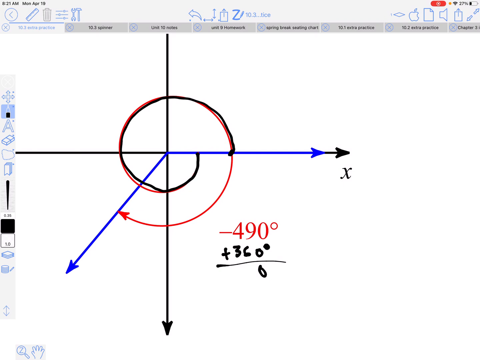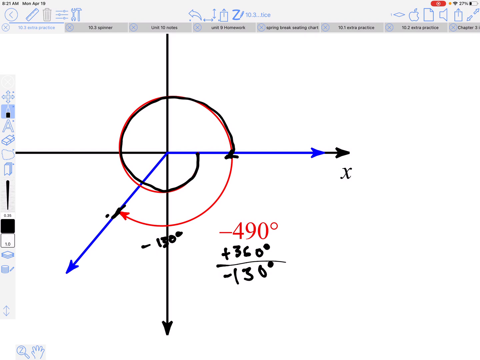What will that be, right? A negative 30, technically, and then negative 4 plus 3. So we have negative 130 degrees, right? Negative 130. So from here to here, 130 degrees.